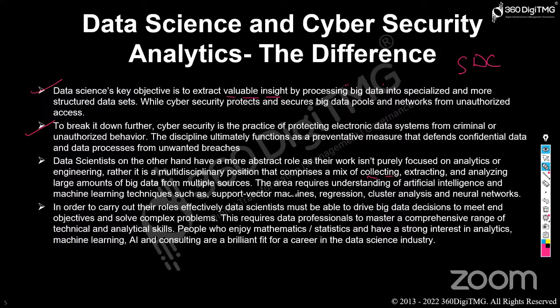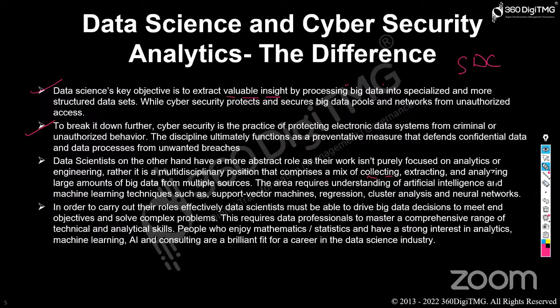So this area of a data scientist requires the understanding of artificial intelligence and machine learning techniques such as support vector machines, regression, cluster analysis, and neural networks.